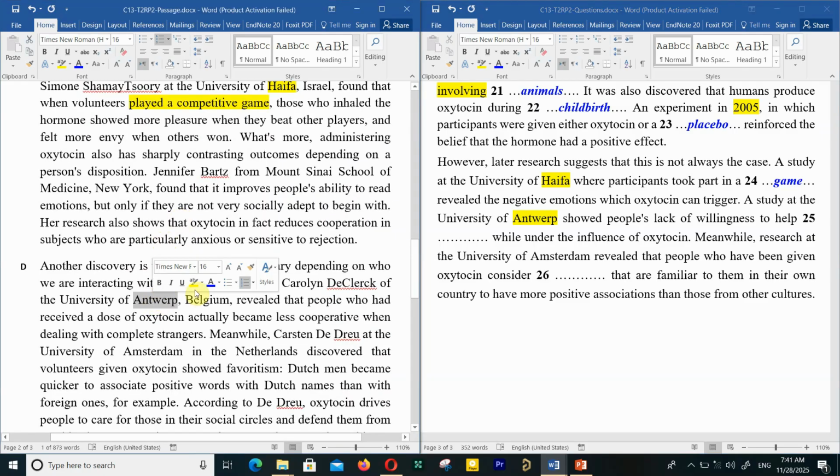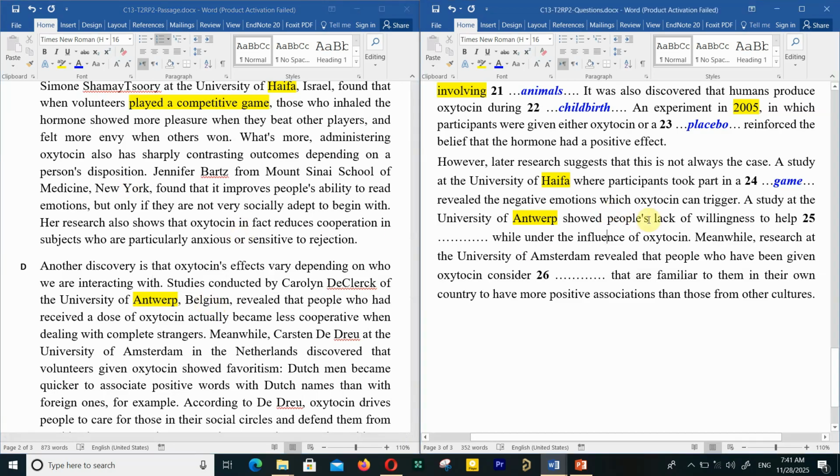Here it is. This is Antwerp. You see, just locate where the answer is. Don't waste your time. So, showed people's lack of willingness to help what?